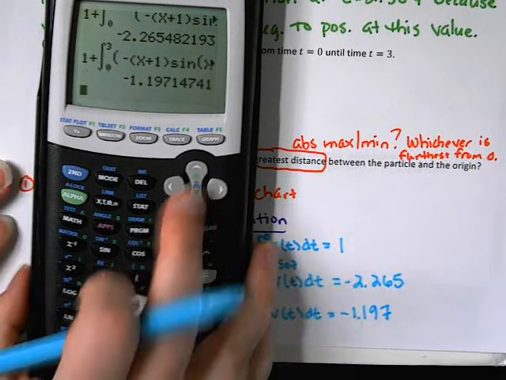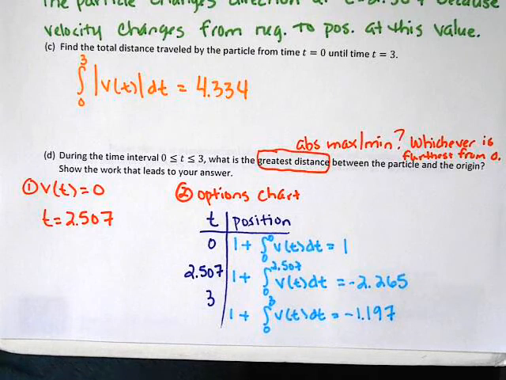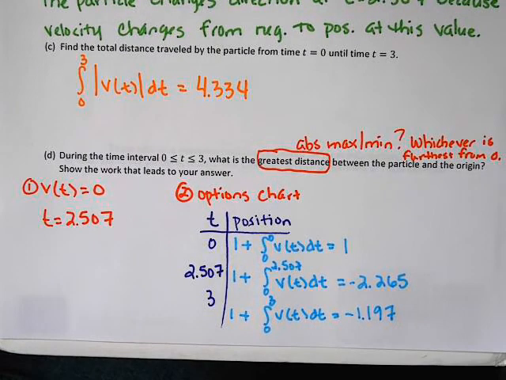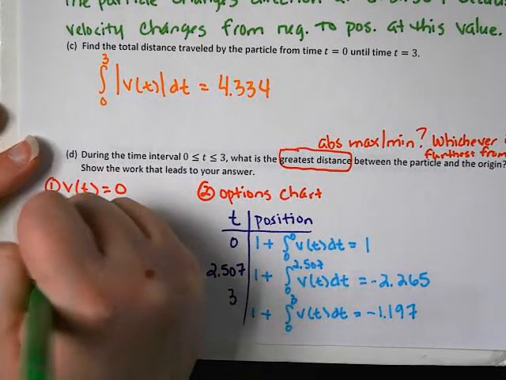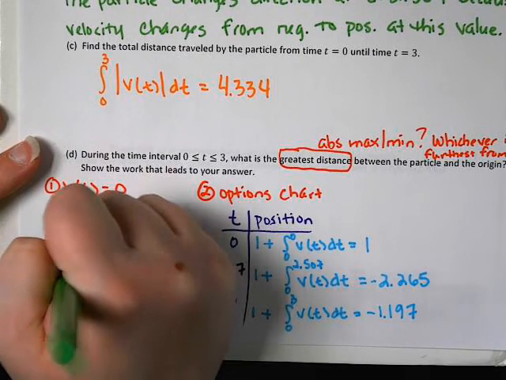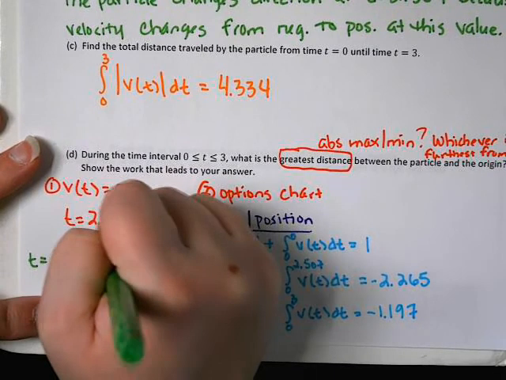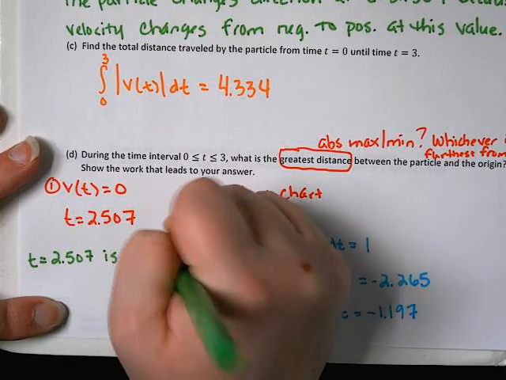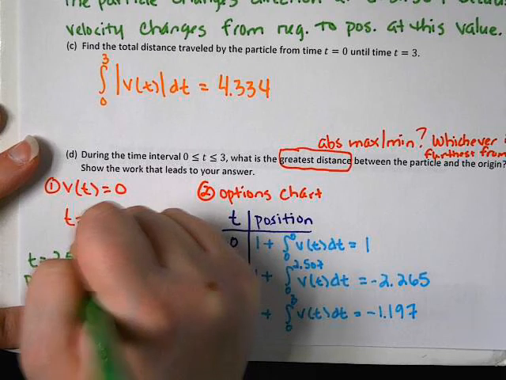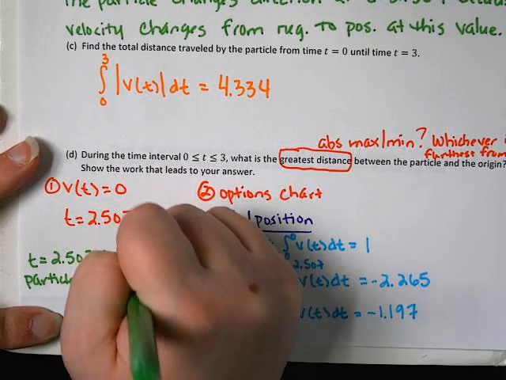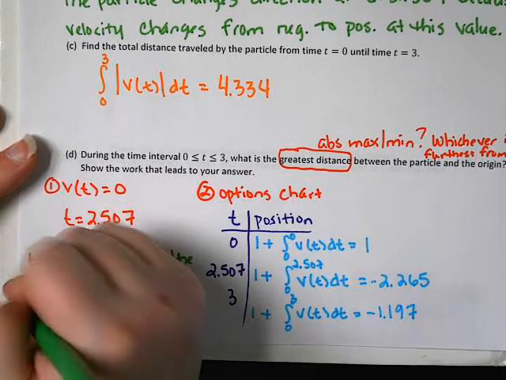Okay, now I have to actually answer the question. It's asking what is the greatest distance between the particle and the origin, and then to justify our answer. So we're going to say t equals 2.507 is when the particle is furthest from the origin.